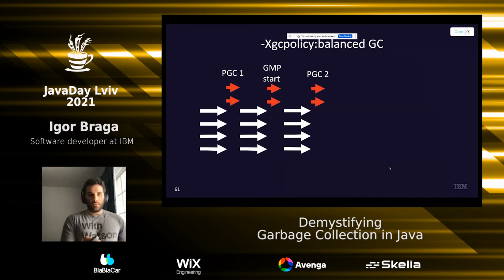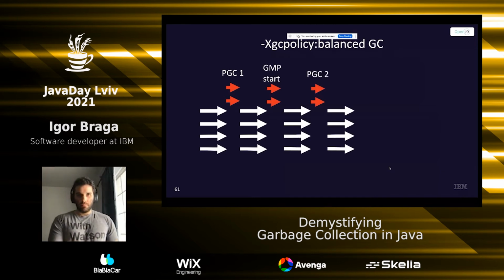So we might have multiple PGCs along the way, right? But one thing here is that this copy collector only has local information about the regions. So with time, it's going to lose this information. But that's okay, because we have GMP to the rescue here.